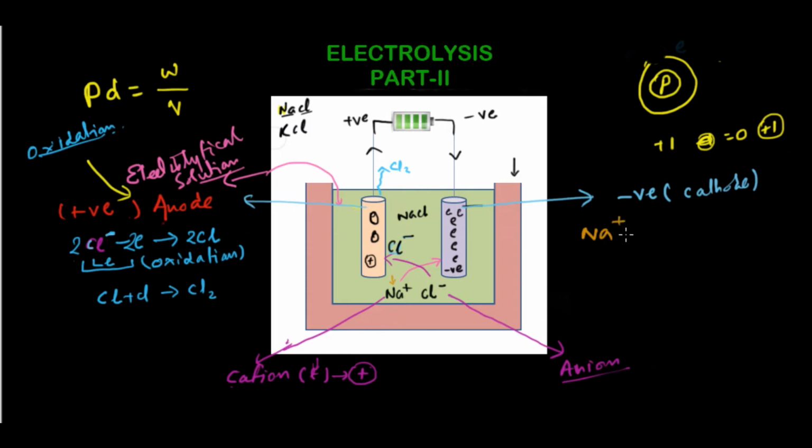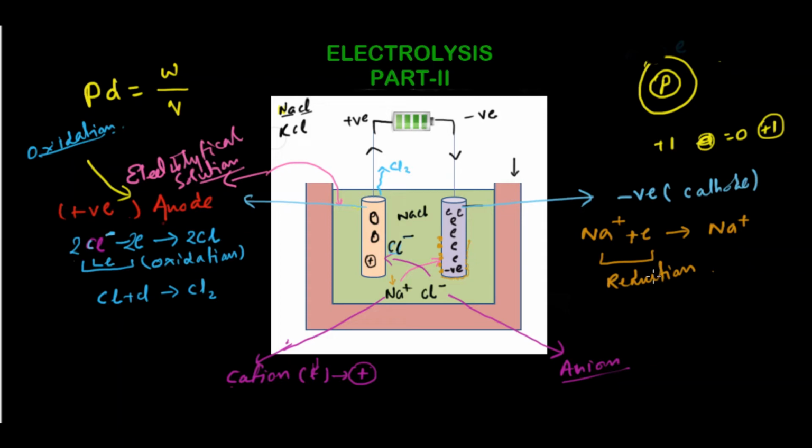So this Na+ will gain the electron and become Na. This is a metal, so it will stick over the electrode. So here you can see the completely simple idea: it is gaining electrons. Whenever any metal or any ion gains electrons, it is called reduction.